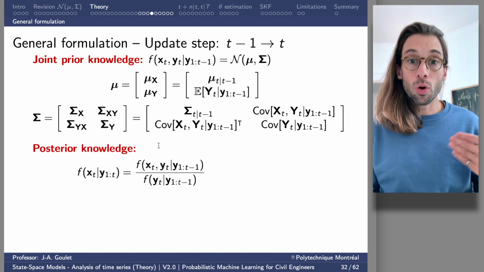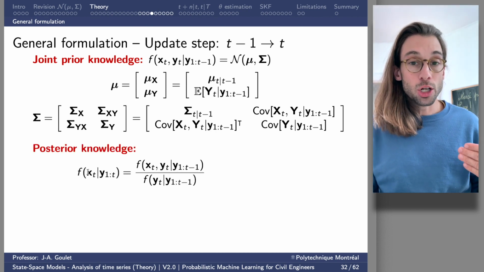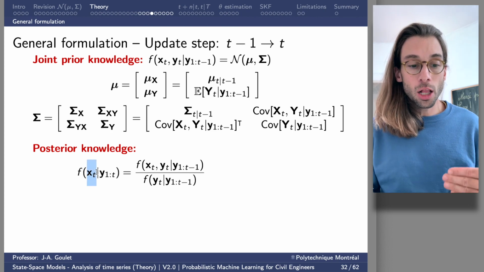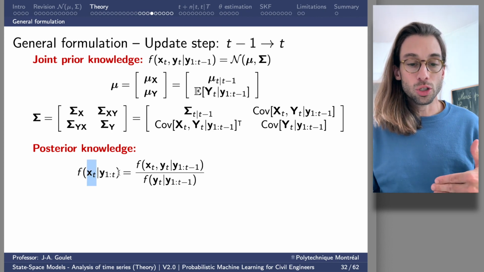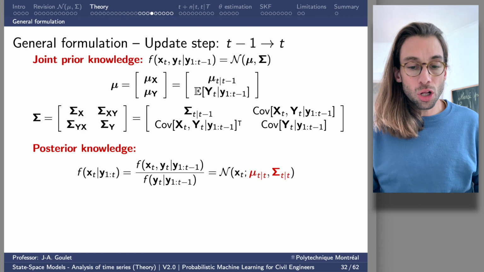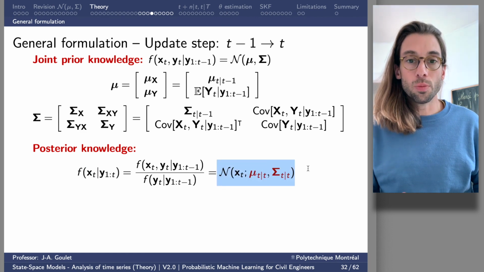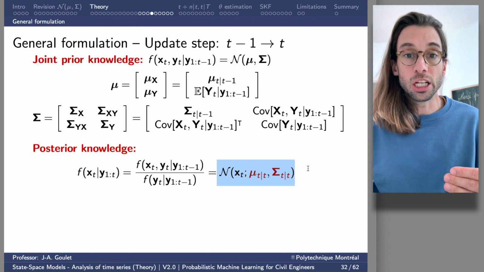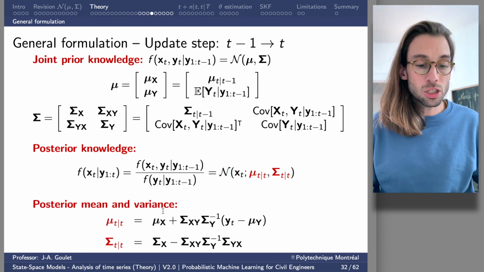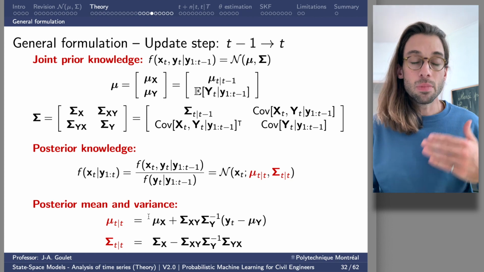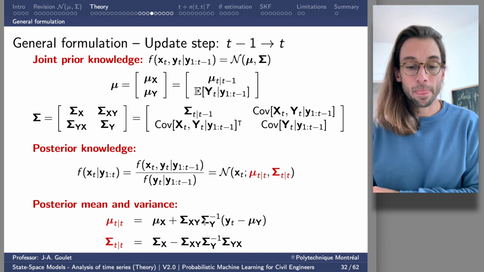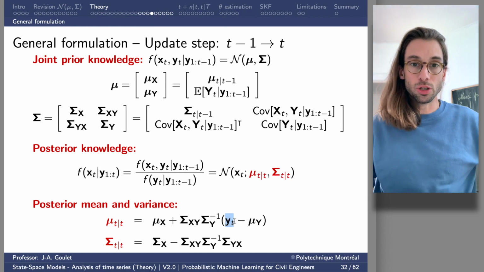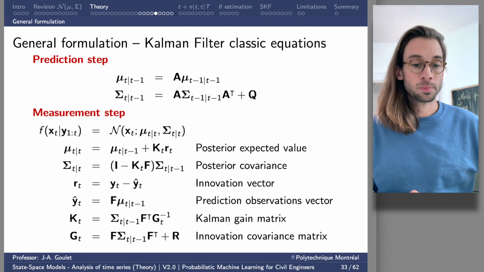And now if I want to build the PDF for my knowledge of xt, given all the data from y1 up to t minus 1, it's obtained through that conditional, which has a closed form solution, a multivariate normal defined by the conditional expected value and conditional covariance, which again follow that same Gaussian conditional equation, where now I have a vector of observation yt.